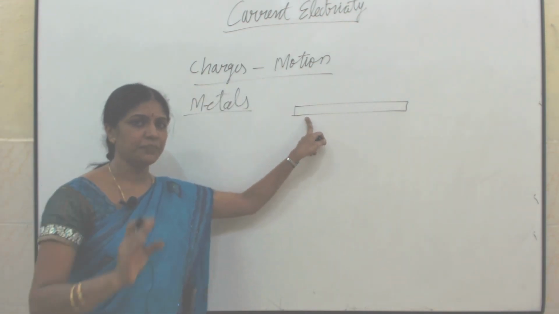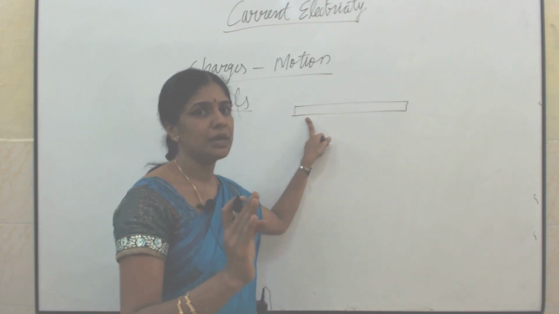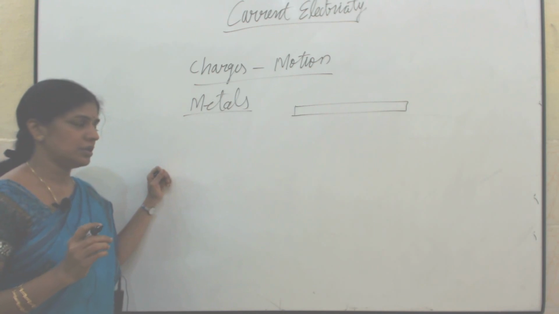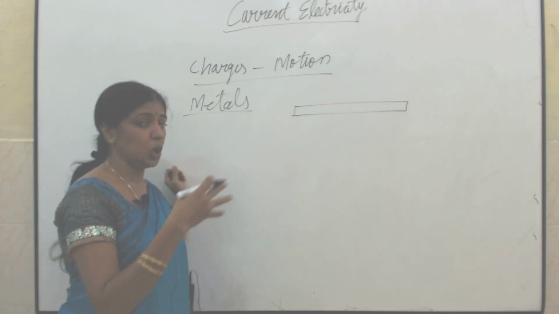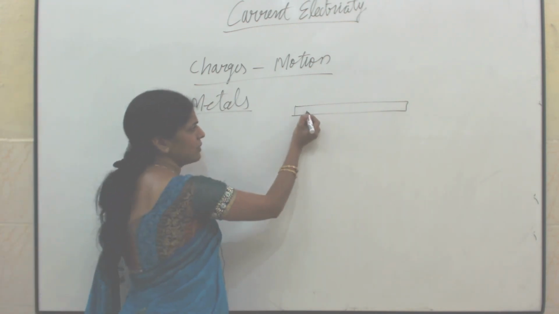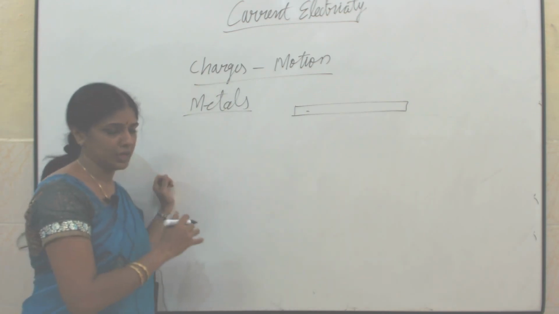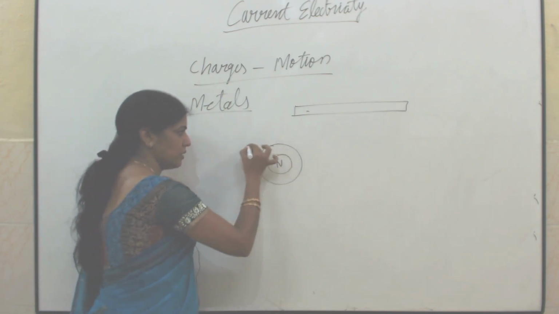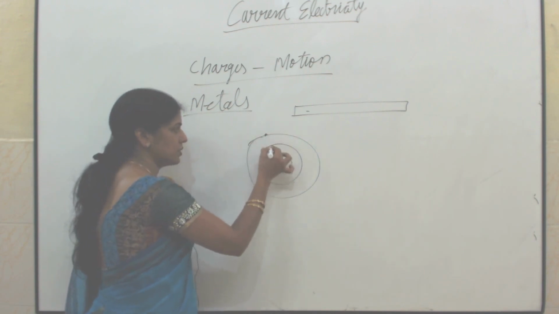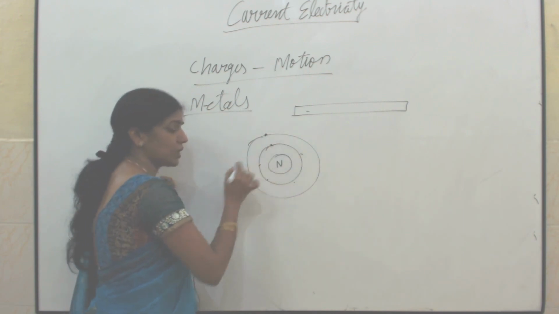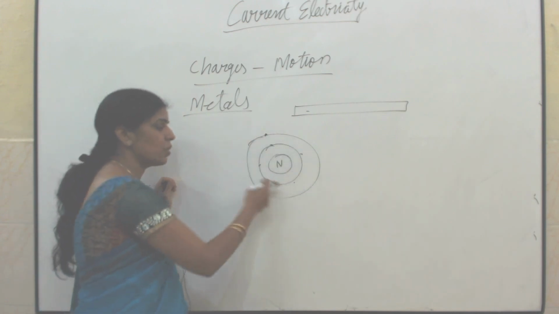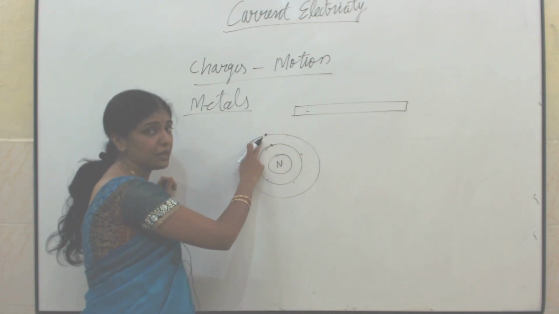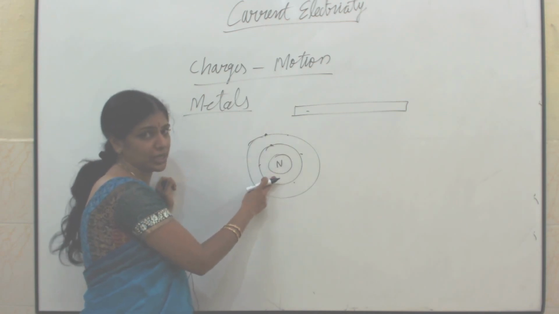Now in this uncharged metallic conductor, some electrons, not all, a few electrons will be loosely bound to the nucleus. Imagine this is an atom, this is a nucleus, and electrons will be revolving around the nucleus in a specified orbit. Now, a few electrons will not be tightly bound to the nucleus.